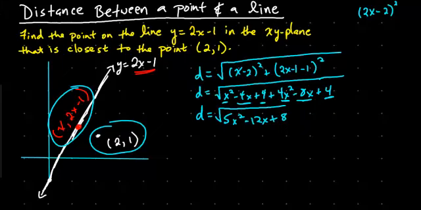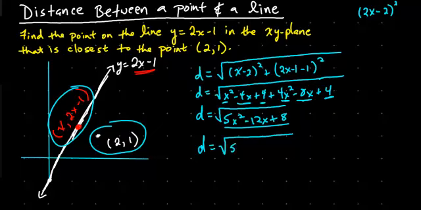Okay, and now we're back to our old buddy completing the square. We want to complete the square inside here. What we're trying to get at is we're going to find the vertex, and that's going to minimize d. That's going to tell us when d is the smallest. So that's why we need to complete the square.